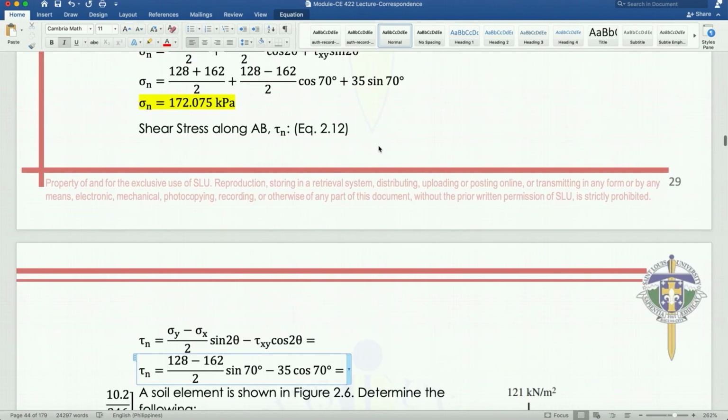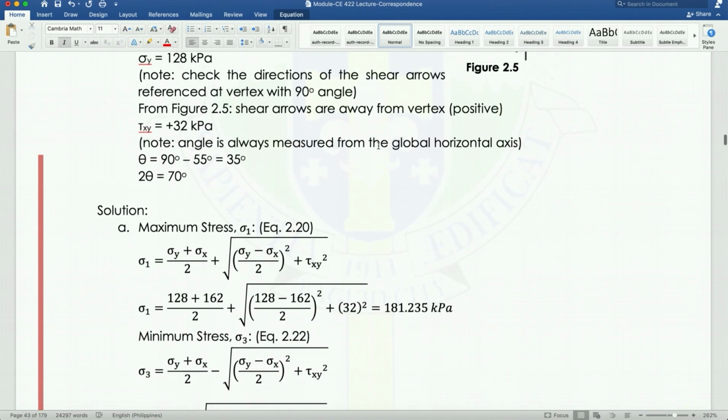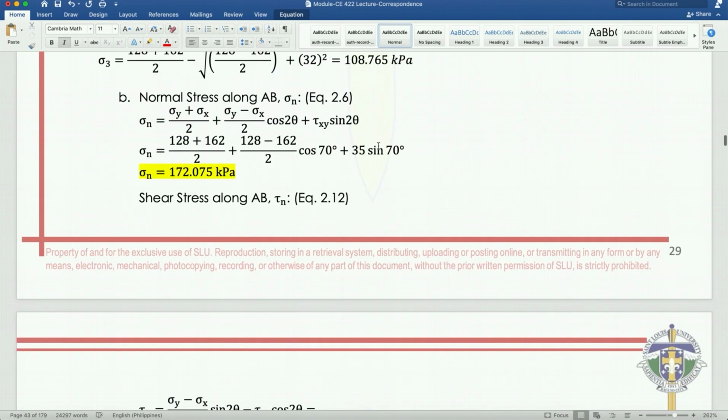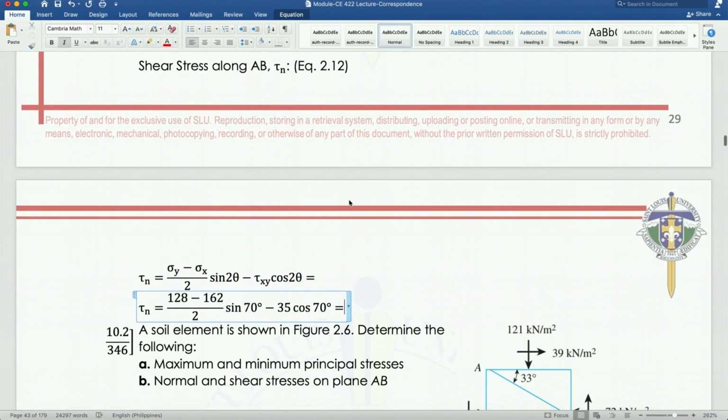Wait, is it 35? No, 32. May mali tayo dito. It's not 35. This one is 32. Wait, balikan natin. Okay, so 32 minus 32 cosine.